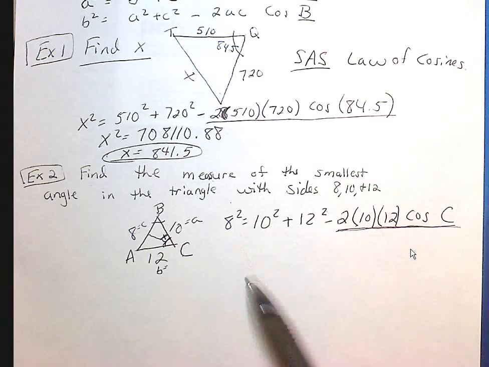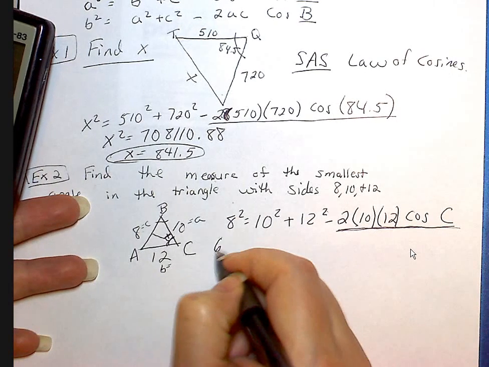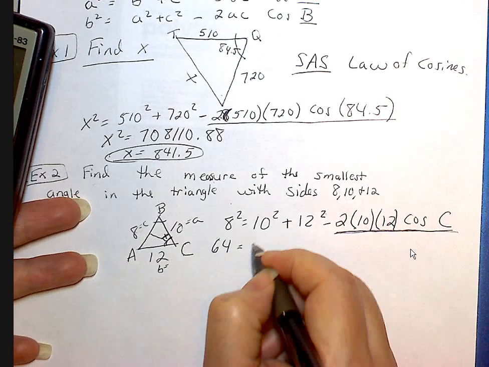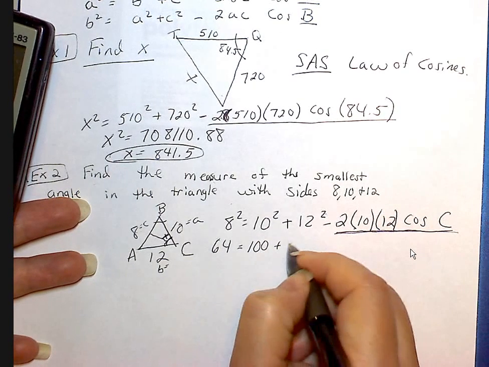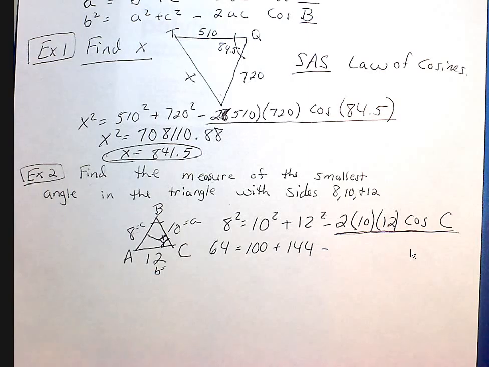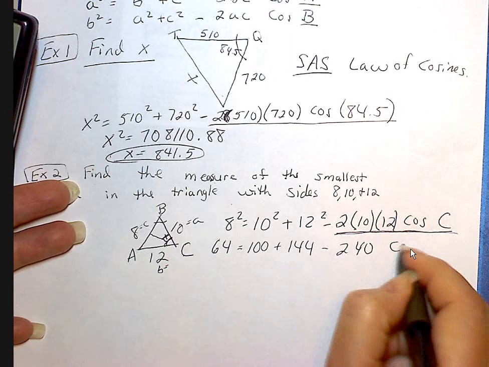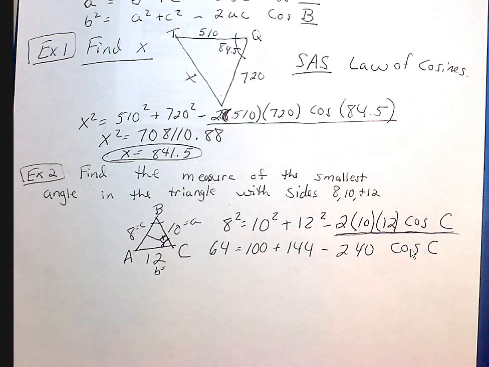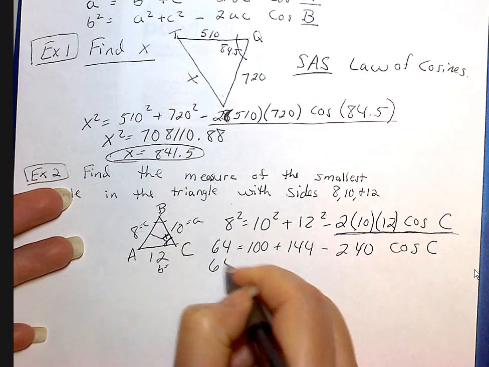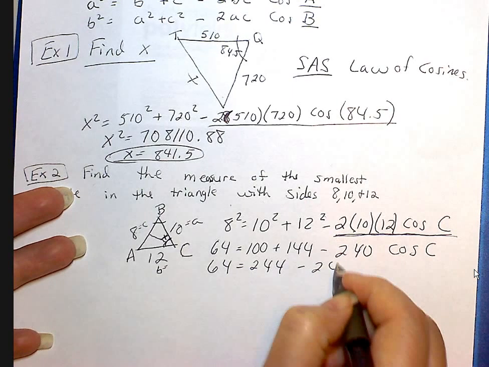So just to show you, 8 squared, which is 64, is equal to 100 plus 144 minus 2 times 10 times 12 gives me 240 cosine C. I can add these two together, so I get 64 is equal to 244 minus 240 cosine of C.